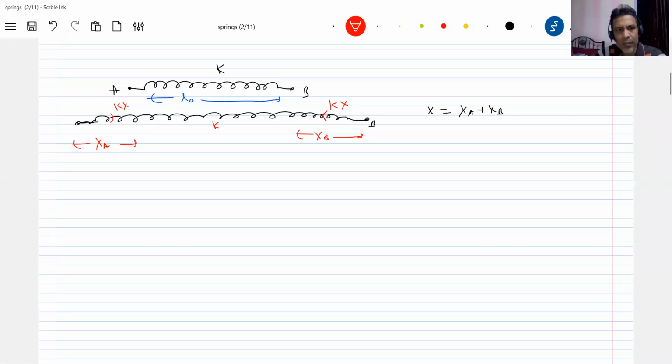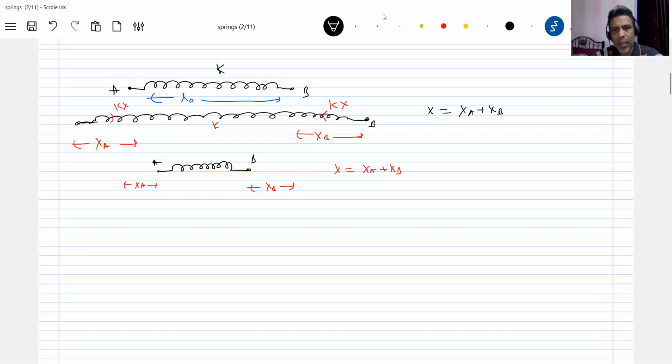Similarly, I will compress the spring. Then this end is compressed by a distance XA. This end is compressed by distance XB. Then what is the total elongation? Again, the same thing. So the total elongation is X equal to XA plus XB.